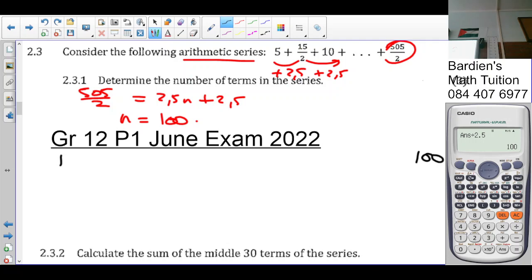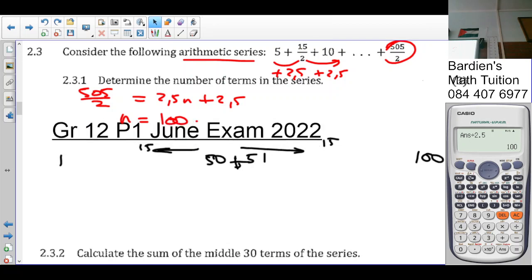So halfway will be 50 and 51. There are two numbers in the middle of the series. So in other words, 15 in that direction and 15 in that direction. You all agree with that? 15 terms in either direction will give me a total of 30 terms.